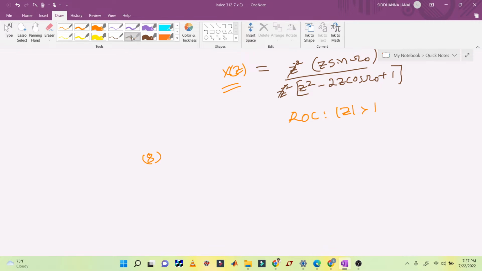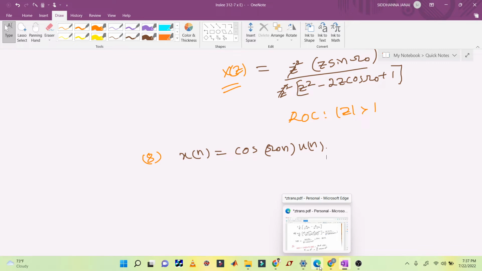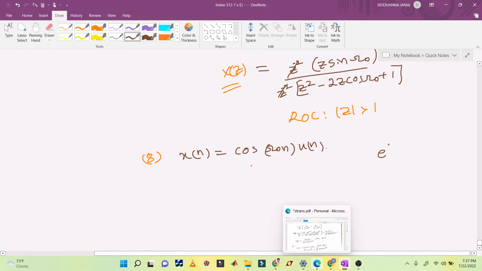Now our next problem is x of n is equal to cos omega naught n u of n. So this I will give as homework. I will just explain it because it is similar to sine. Instead of using e to the power j theta minus e to the power minus j theta by 2j, for cosine we use e to the power j theta plus e to the power minus j theta divided by 2.